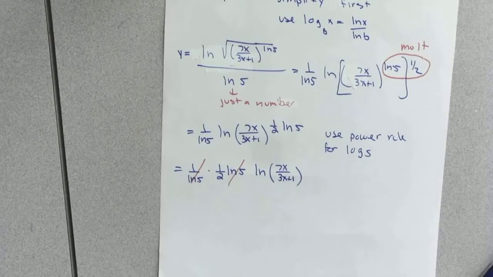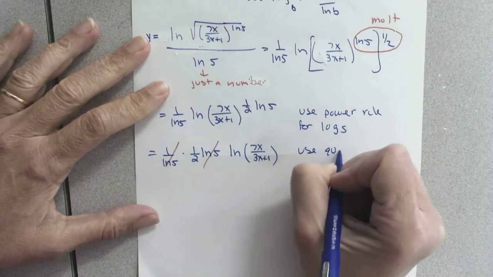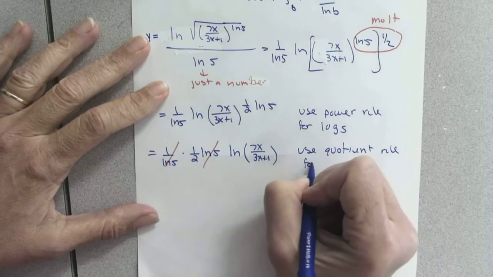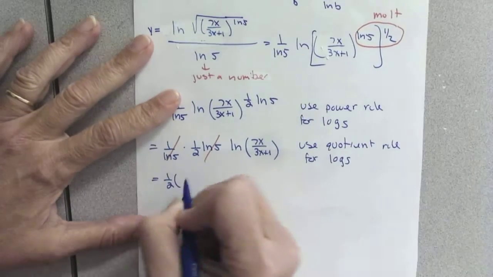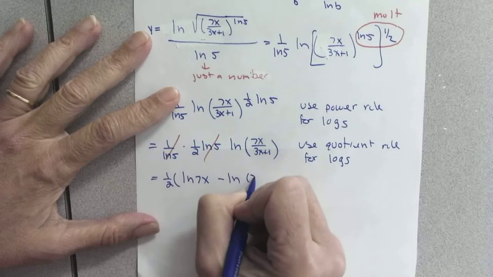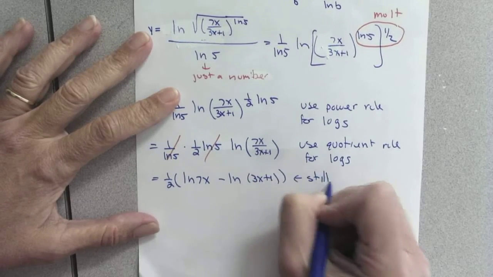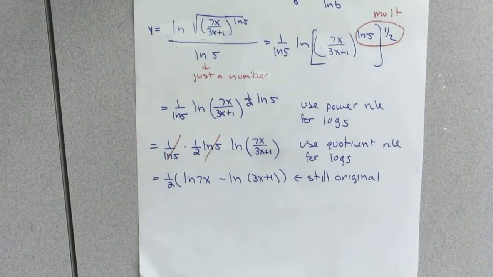Those guys cancel. Use the quotient rule for logs. So I'm going to get 1/2 times the quantity natural log of 7x minus natural log of 3x plus 1. And there is my fully simplified original function.